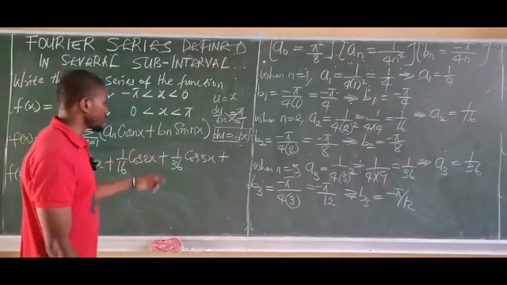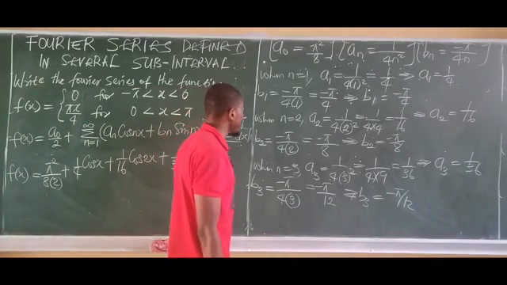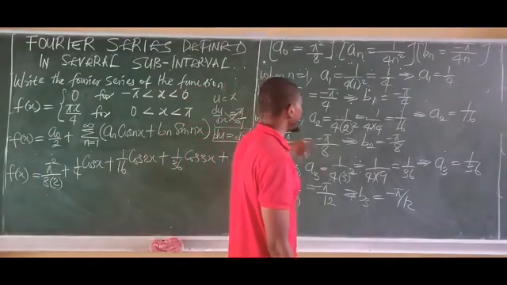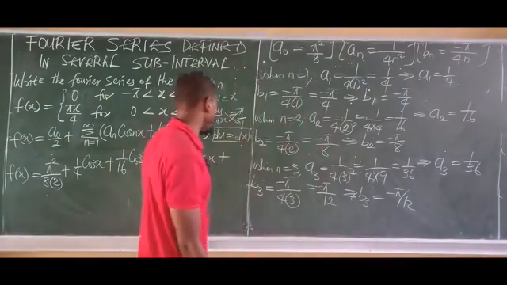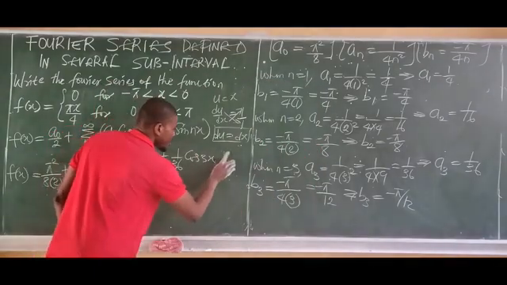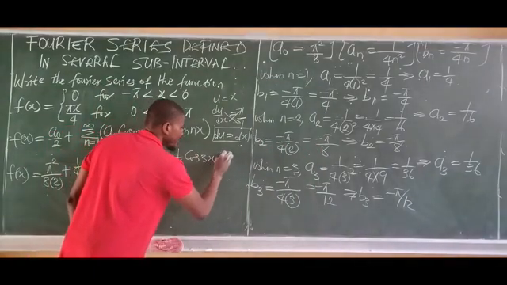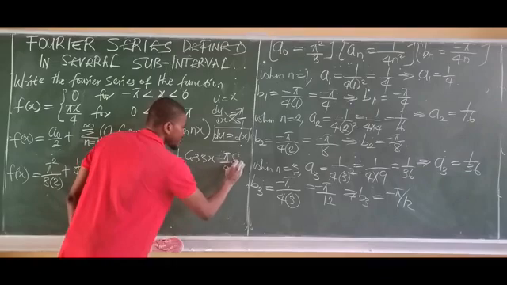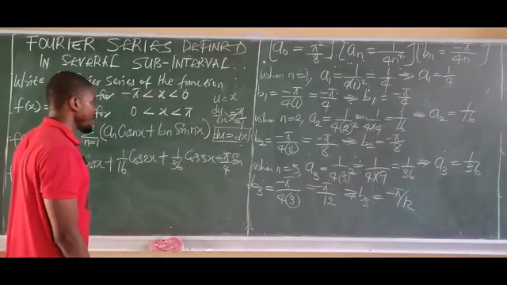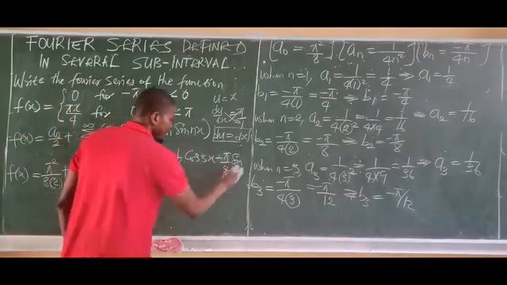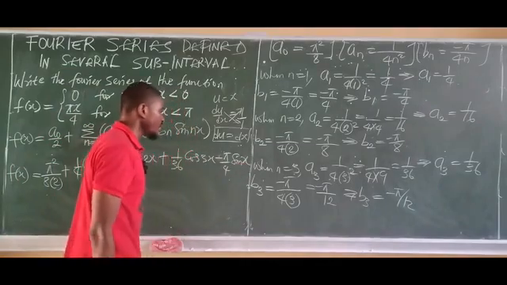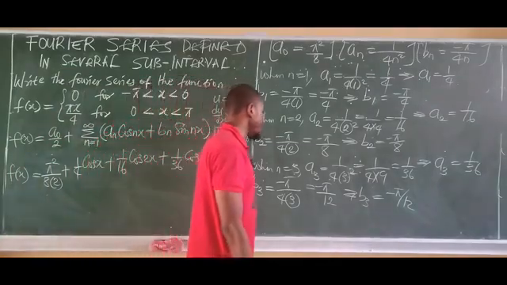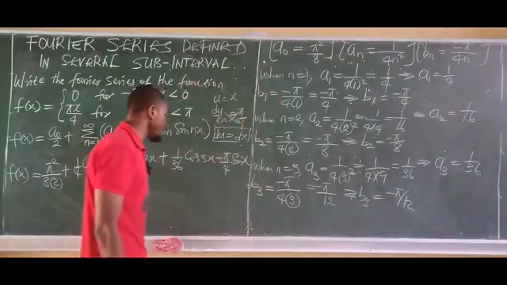Now we'll move to the sine series bn. So when n is equal to 1, we had b1 to be minus pi over 4. So this is simply minus pi all over 4 sine nx. But n is equal to 1, so it becomes sine x. Okay. Let's move to b2. When n is equal to 2, we had minus pi all over 8.